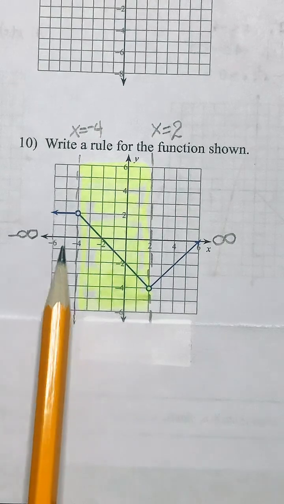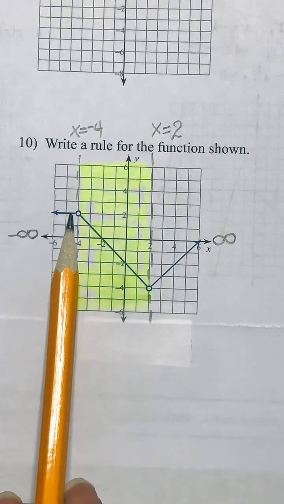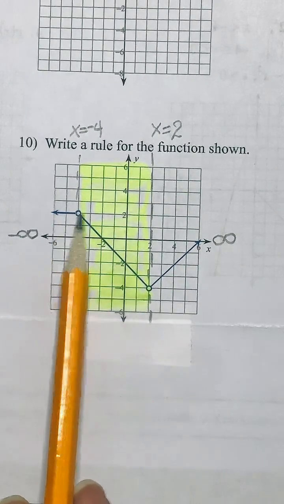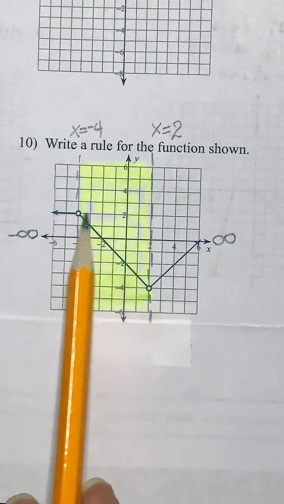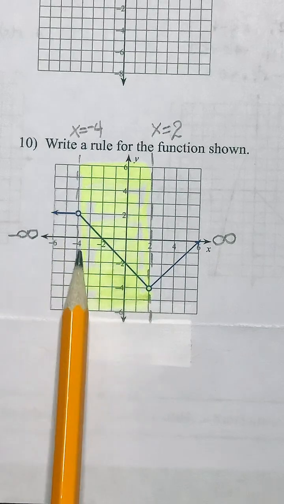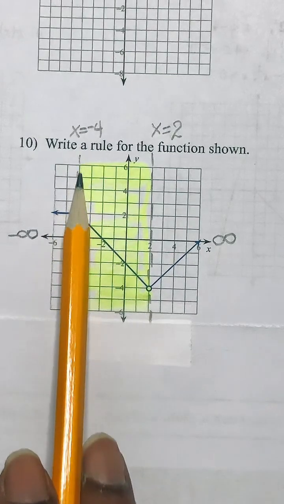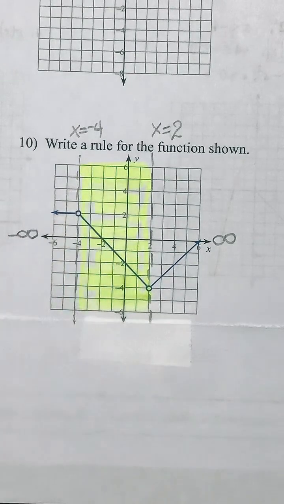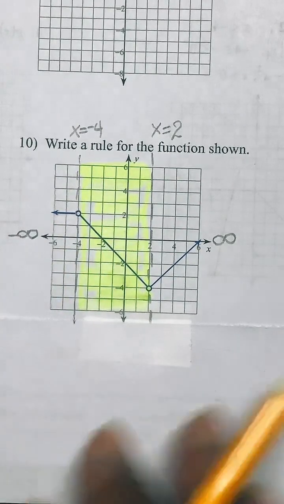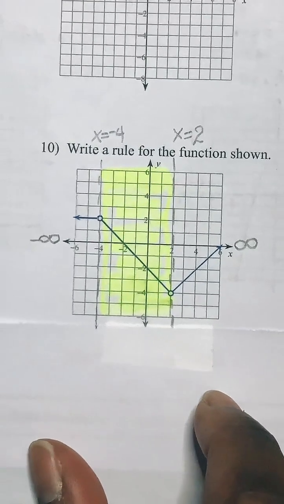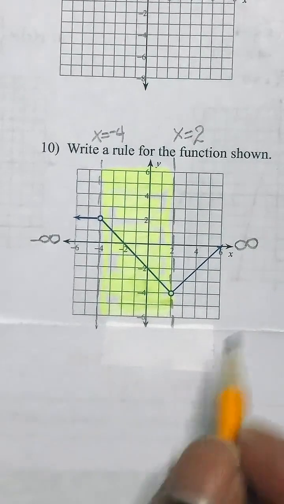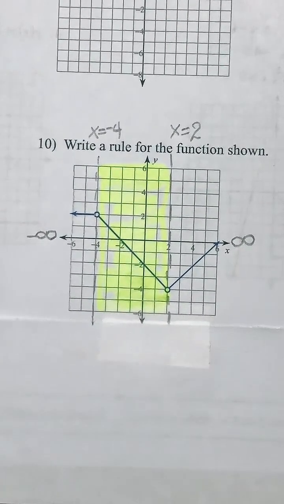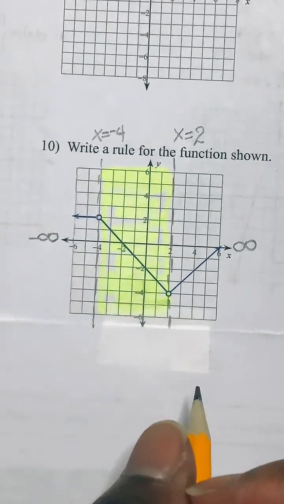From here, I have a horizontal line where my y value is 2, but I have a boundary line here at -4. So if I wanted to, I could write it as an interval, or I could write it as an inequality.